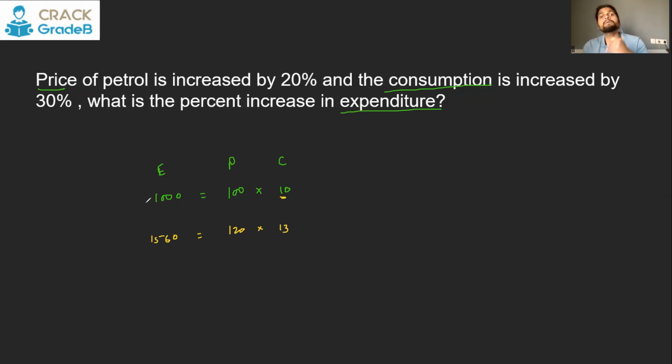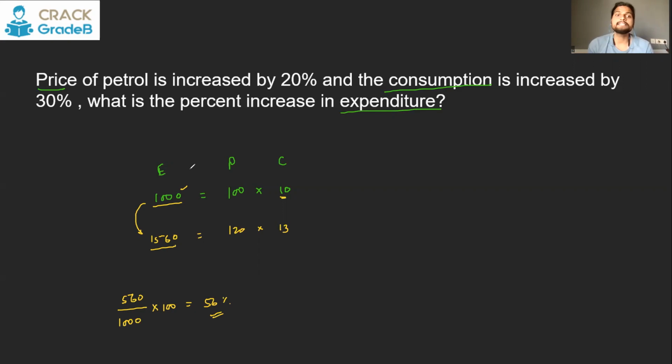If I ask what is the percent increase in expenditure, 1000 is becoming 1560. You know how to calculate the percent increase? The increase, which is 560, upon the base, which is 1000, into 100. And that is 56%. So the percent change in expenditure is 56%.